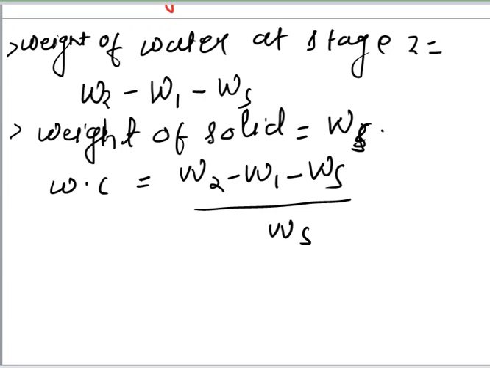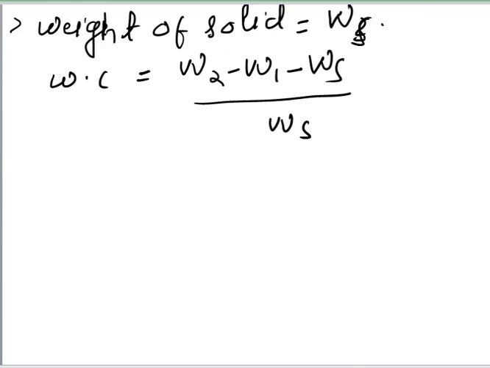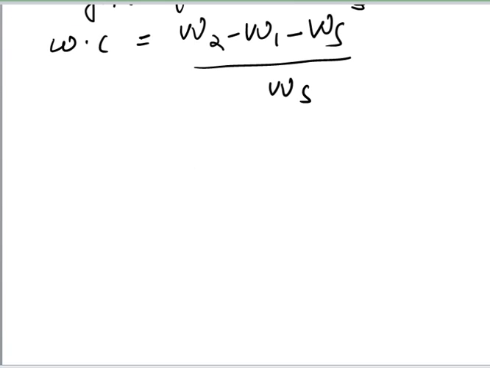Now, the only unknown is the weight of solid. What is the weight of solid? So this process is basically to determine the weight of solid, and once we determine the weight of solid, we get the water content. Okay, so let's do it.